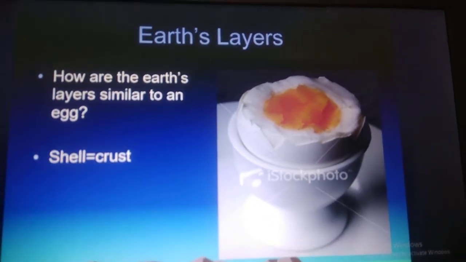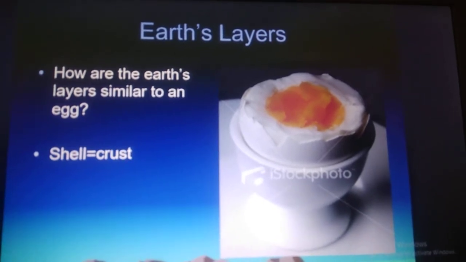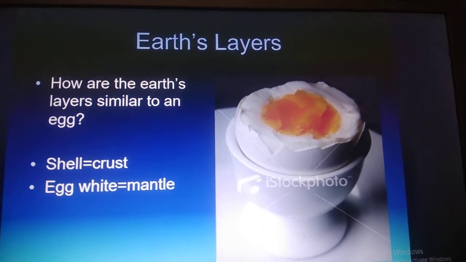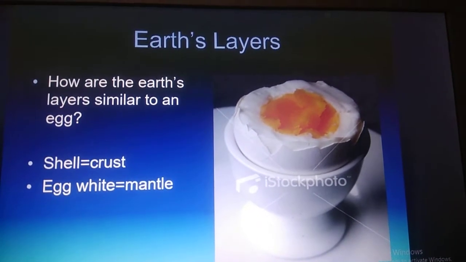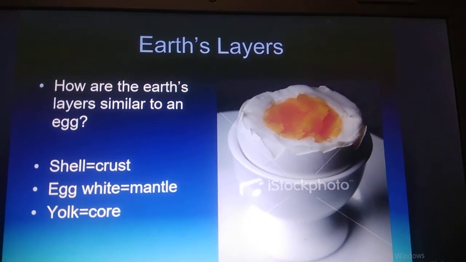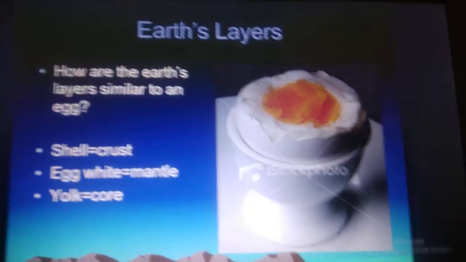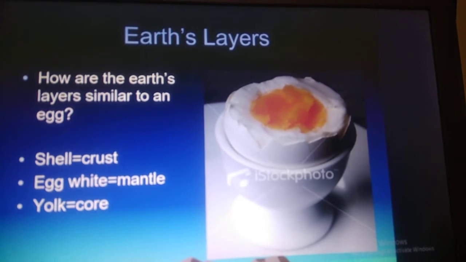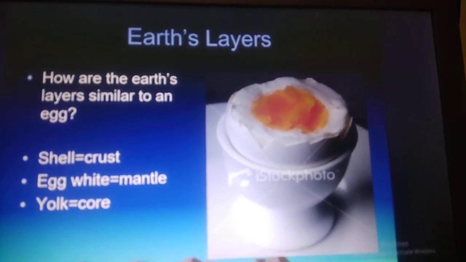How is it similar? You can see the shell, that is the white color, is the crust, which is hard. Then the egg white part is the mantle, and the yolk, that is the yellow part, is our core. So we can compare the layers of the earth to an onion or a boiled egg.